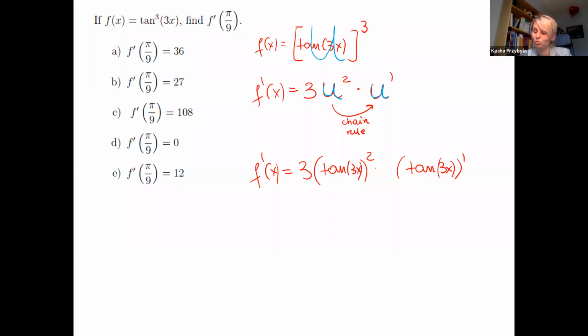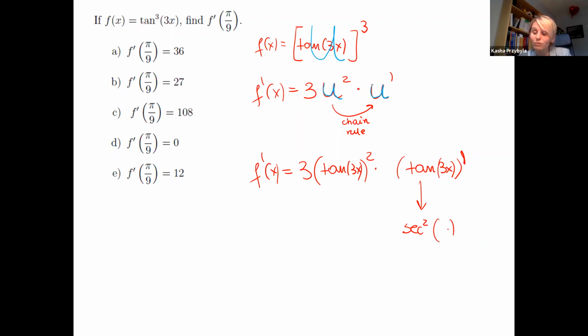Okay, that means we will leave it like that, times, but we still have to differentiate. What's the derivative of tangent? Do you know the derivative of tangent? Secant squared.